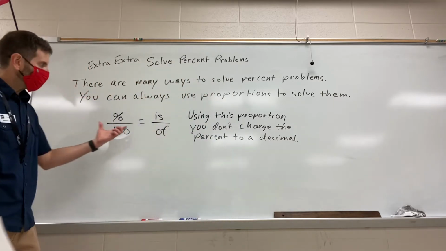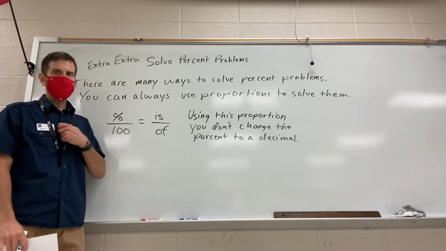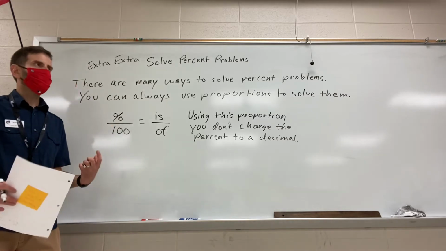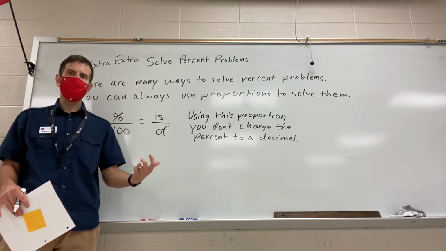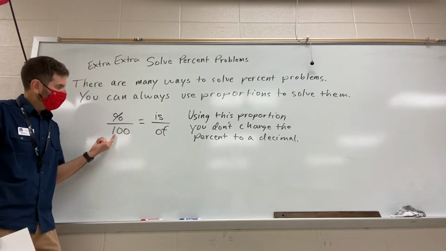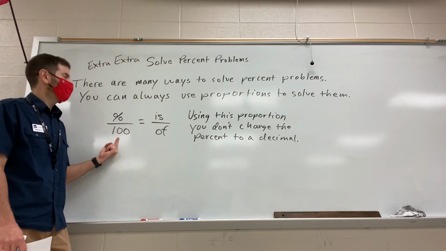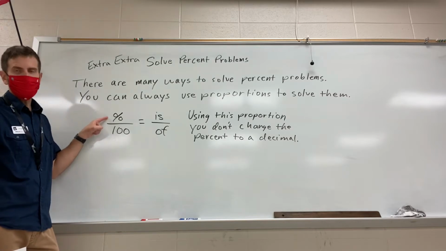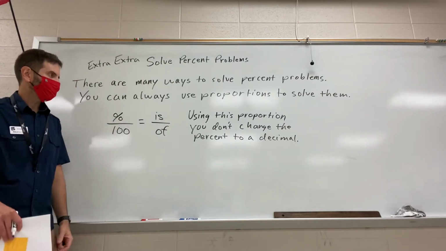So this formula is set up that if they give you a percent, you leave it as a percent. Oftentimes with problems, you are forced to change the percent to a decimal, divide it by 100, is what you're doing when you change your percent to decimal. But notice the dividing by 100 is already built into this proportion. So you just put the percent in just as you see it, which makes it just a little bit easier.